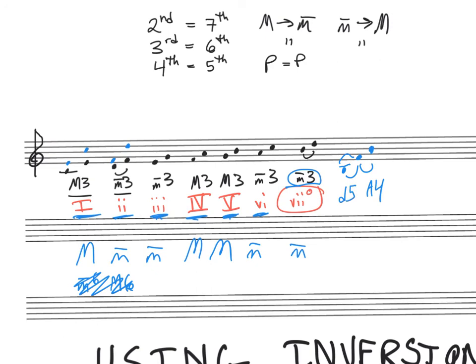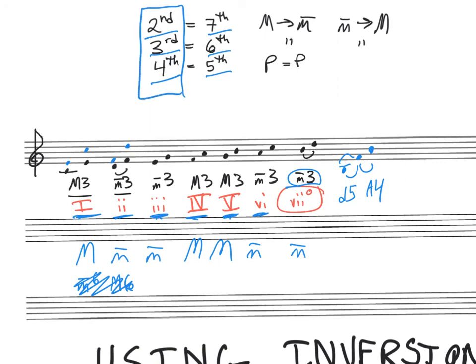As long as you can identify quickly and correctly seconds, thirds, and fourths, then you can quickly identify correctly sixths, sevenths, and fifths, as long as you can see what their equivalent inversion is in the second, third, and fourth.